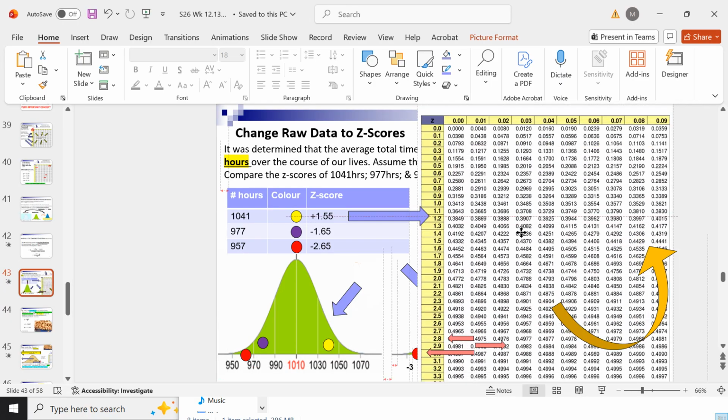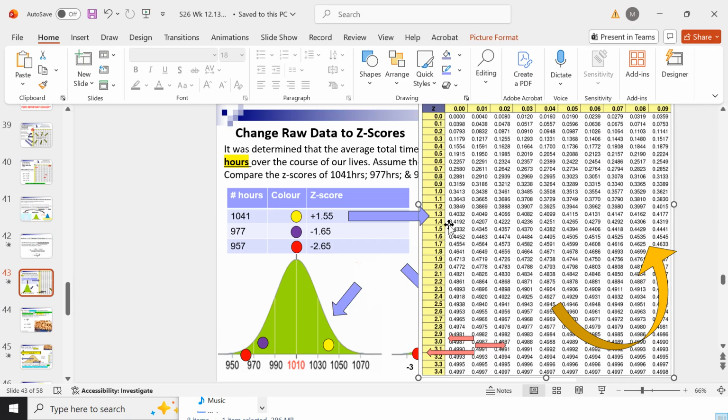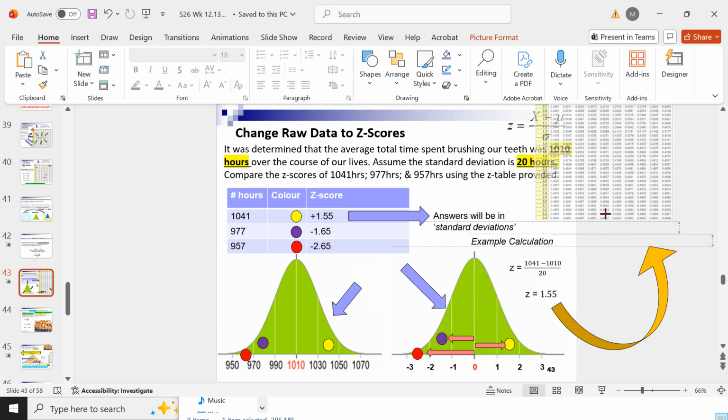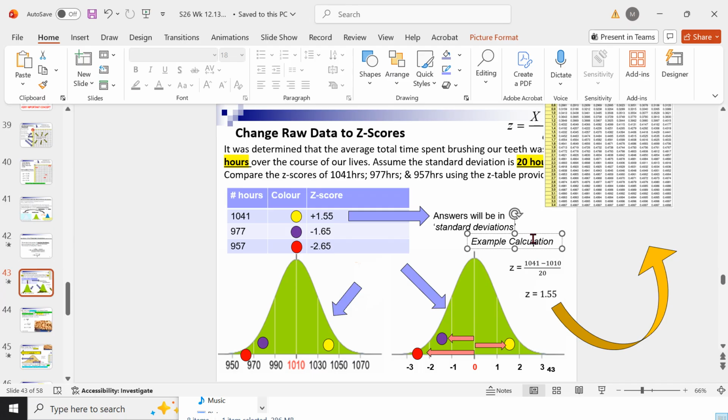Positive 1.55. 1.1, 1.55, 1.5. 1.55 is 43.94. 0.4394. So what do we got here now?